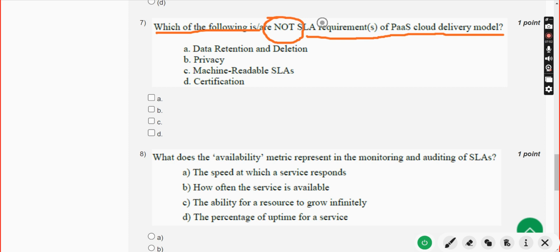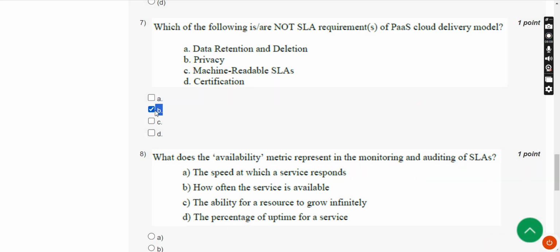So for the seventh question, there are two probable solutions, guys. The first one is option B, privacy, and the next one is option D, certification. So mark options B and D, guys.